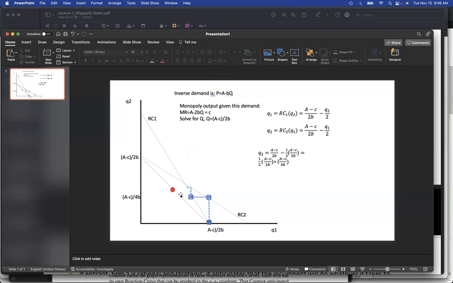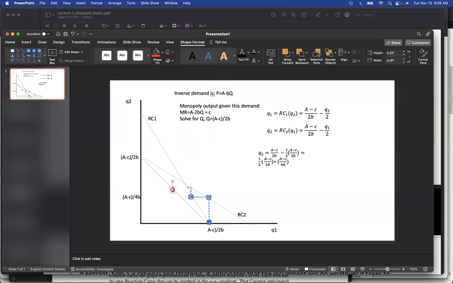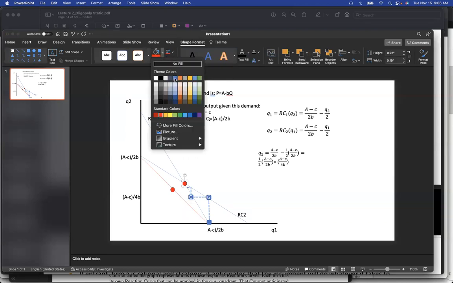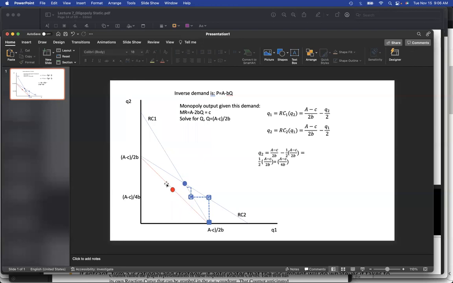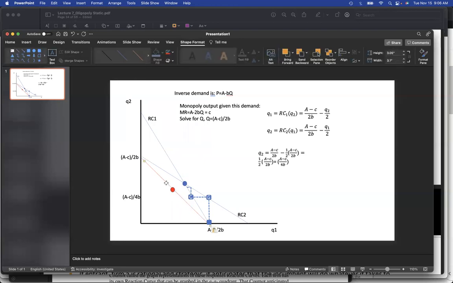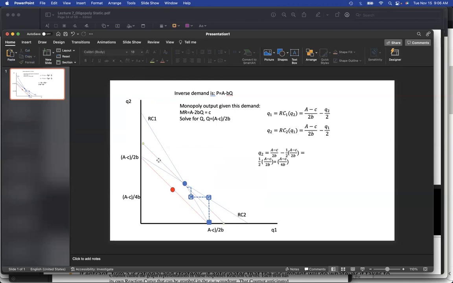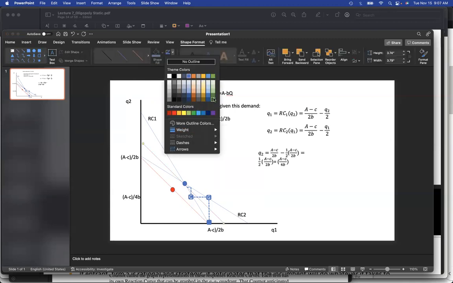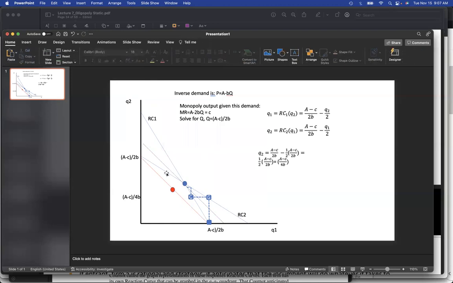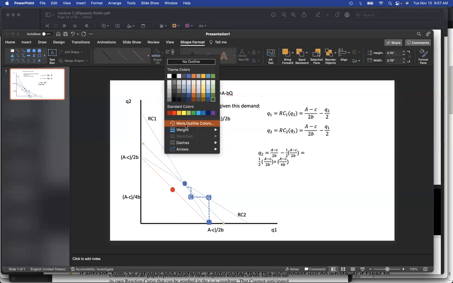Okay, and then the Cournot is this one, which I will copy and paste, and change its fill to blue. The output of Cournot is basically this convex combination here, which I will fill in as green instead, and make thicker so it's clearer.